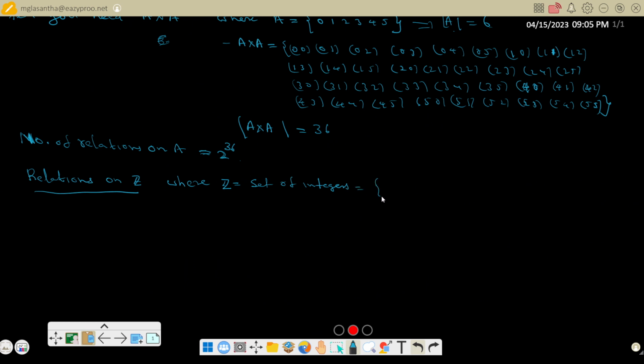That is from minus infinity, minus 3, minus 2, minus 1, 0, 1, 2, 3, like that, from minus infinity to plus infinity, all integers. This is an infinite set. Why is this infinite? This has an infinite number of members.